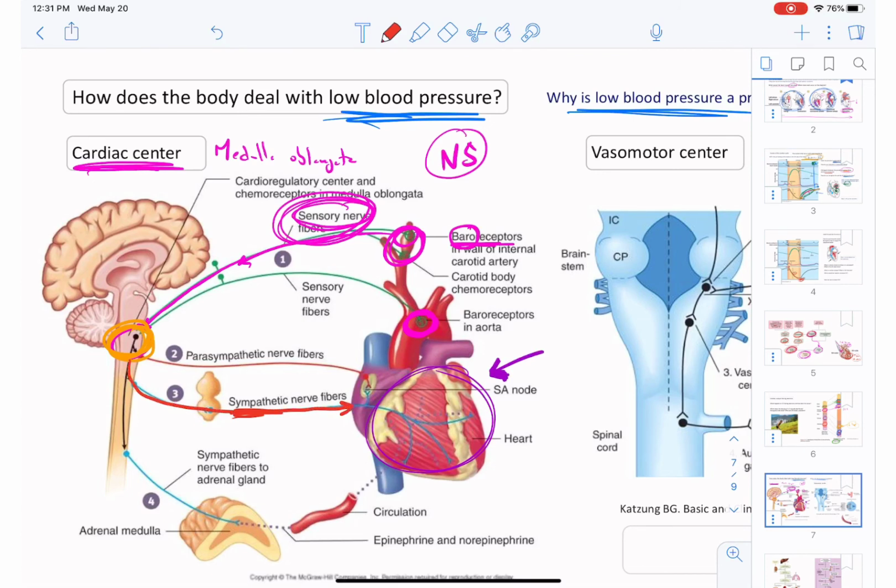And what's the sympathetic nervous system going to do to increase blood pressure? Well, to increase blood pressure, we want to increase cardiac output. The more blood going out of the heart, the more cardiac output we have, means that blood pressure is going to go up. So what does the sympathetic nervous system do?